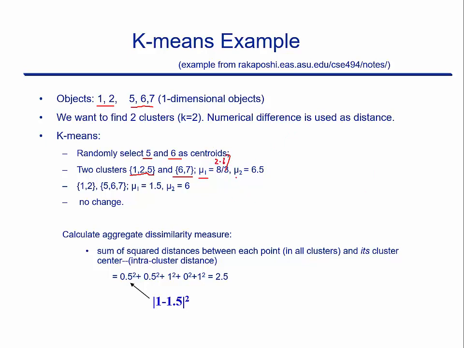And the centroid of the second cluster is 6 plus 7 divided by 2, which is 13 divided by 2, 6.5. Now we will represent the 2 clusters using the 2 centroids.